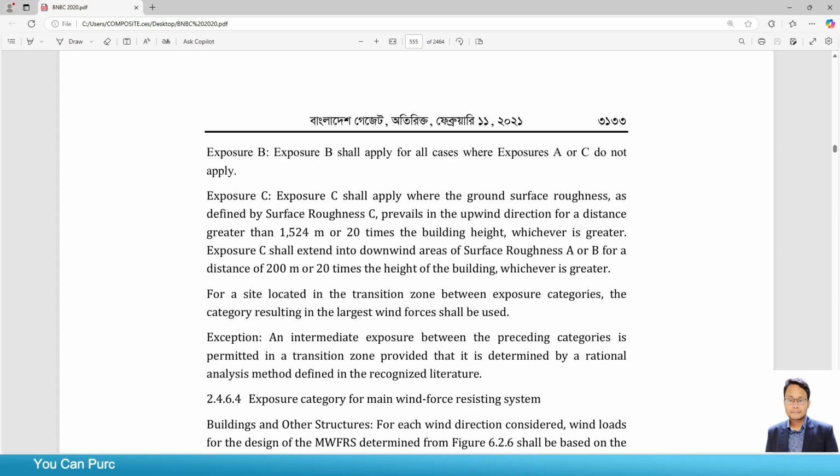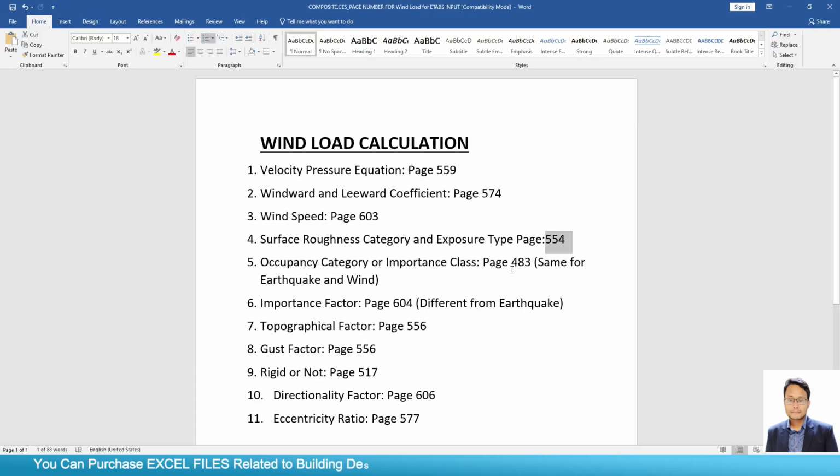Okay. Now we will go for occupancy category 483.